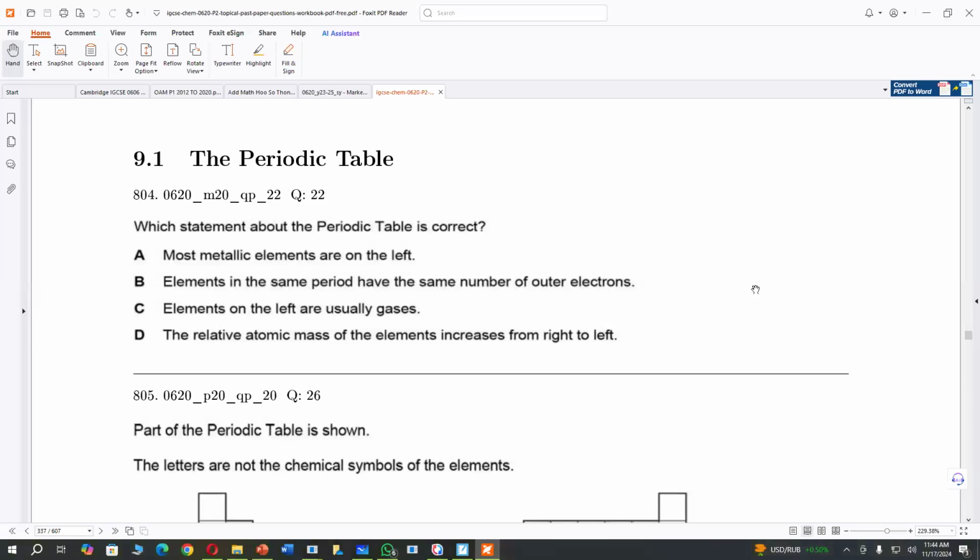Can you look at the question on the screen? This is the question: which statement about the periodic table is correct?